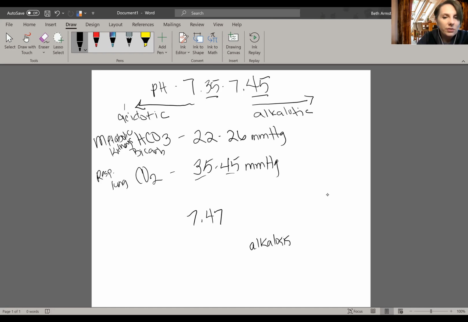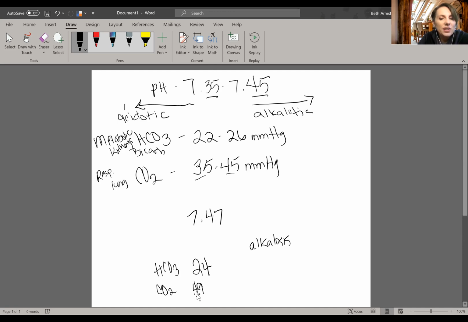And then our second part is we're going to look at our bicarb. Say our bicarb, HCO3, is 24, and our CO2 is 49. So we look at our bicarb and it is normal. So it can't be metabolic because our metabolic is normal, right?